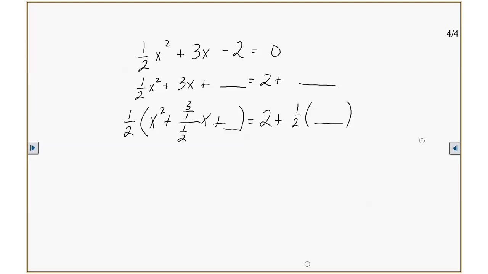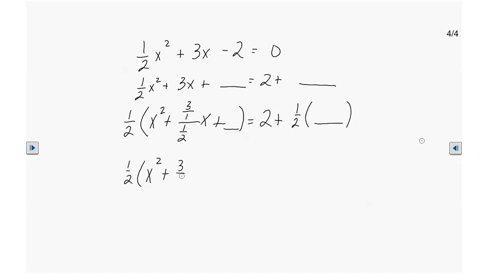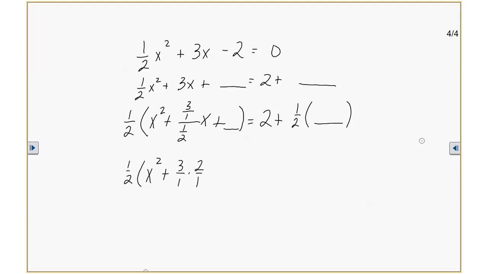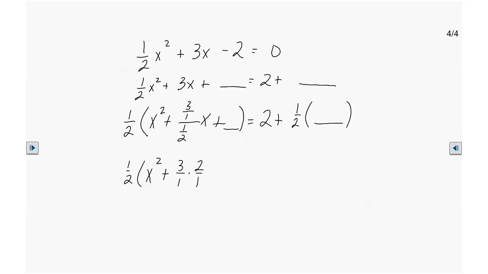This is what you need to do, until you get to a point that you don't need this. So 1/2 x squared plus 3 over 1 multiplied by 2 over 1, plus blank is equal to 2 plus 1/2 times blank.